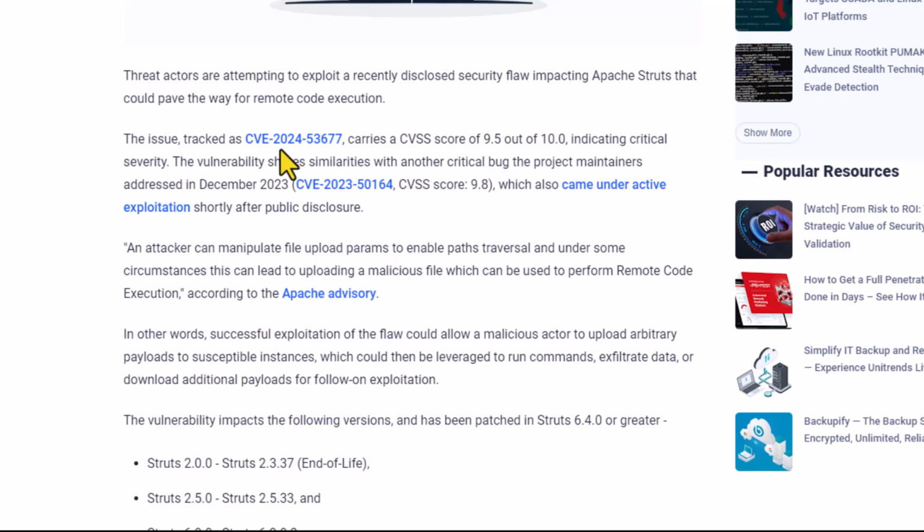So look, it's a CVE-2024-53677, one of these vulnerabilities found just this year. But the interesting thing is it carries a CVSS score of 9.5 out of 10.